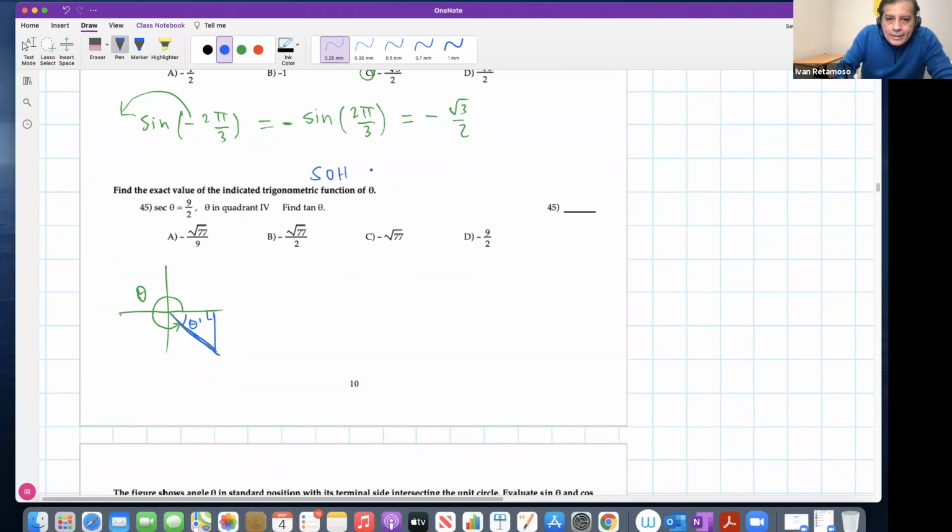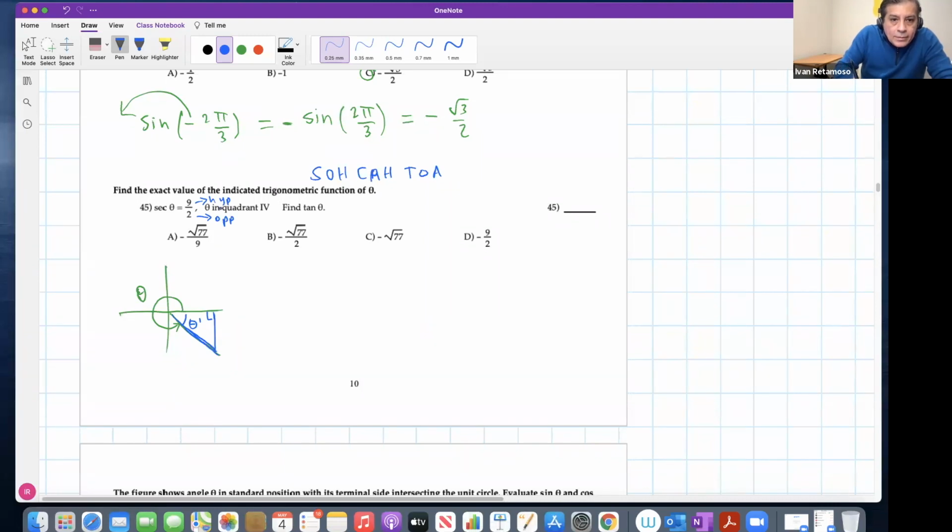secant is the reciprocal of cosine, right? Cosine is opposite over hypotenuse. Secant must be hypotenuse over opposite, right? So this should be the hypotenuse. This should be opposite. Actually adjacent, right? Because remember, this is CAH.